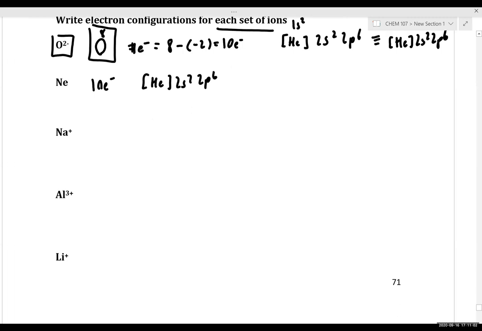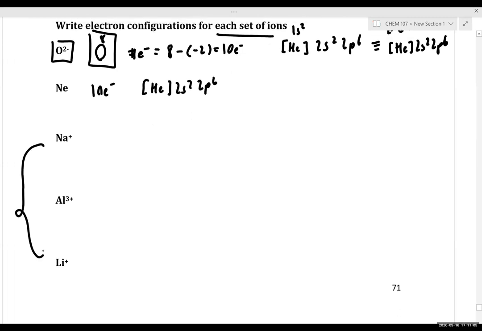So I'd like you to look at the following 3 cations, and propose an electron configuration for each of them. Just for completeness, I'd like you to write out the noble gas configuration identifying the core and valence electrons, because noble gases, being 8A elements, will have 8 valence electrons.